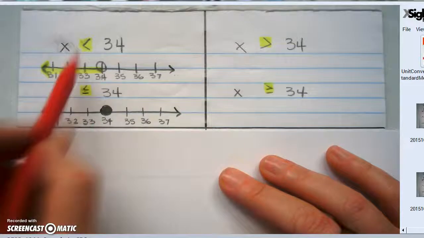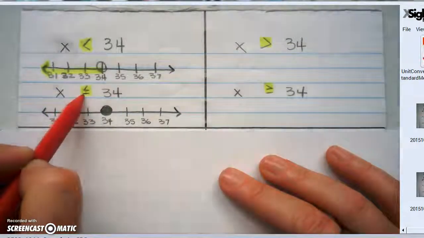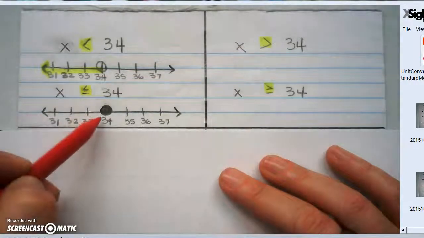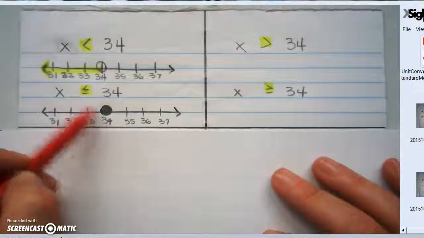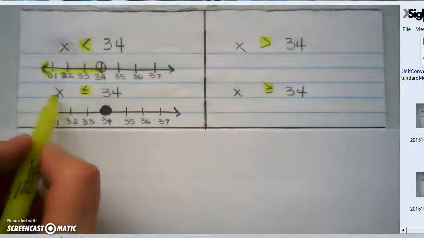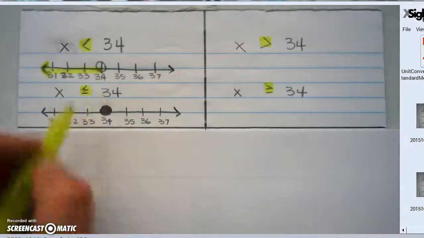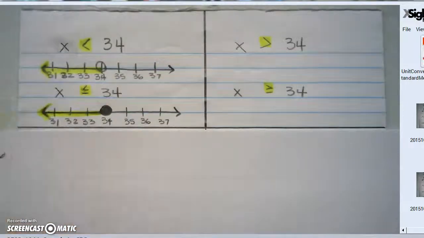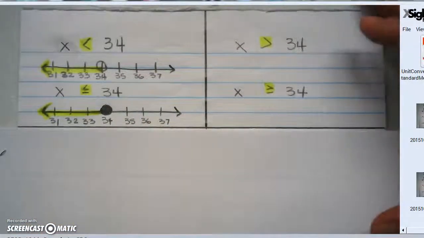If you're showing me that something is less than or equal to, that number gets filled in because that number is part of the solution or part of what makes that inequality true. And because here you're showing any number that's less than or equal to 34, you're going to highlight or darken your number line going that way. And that will show less than.